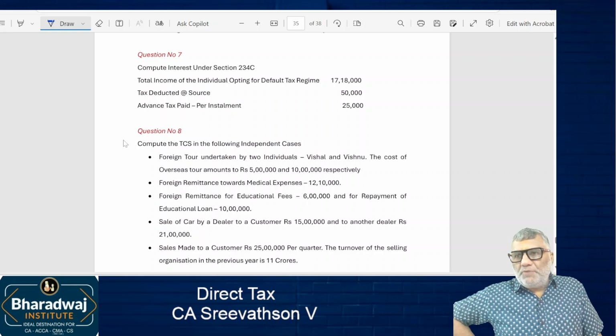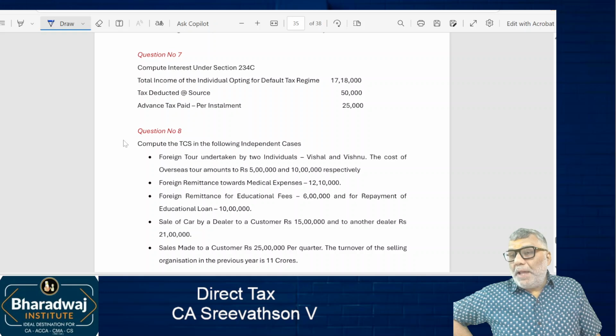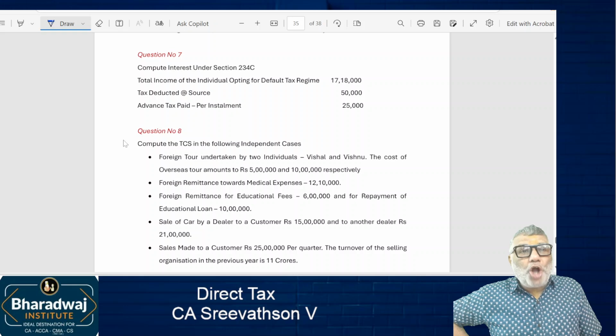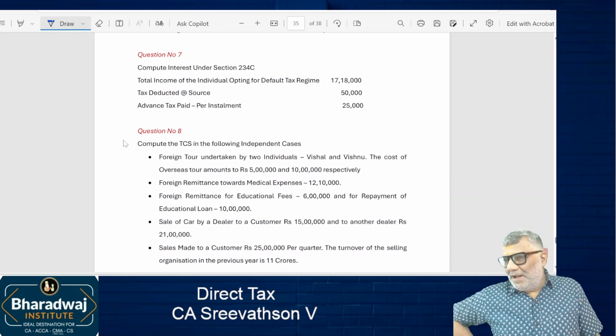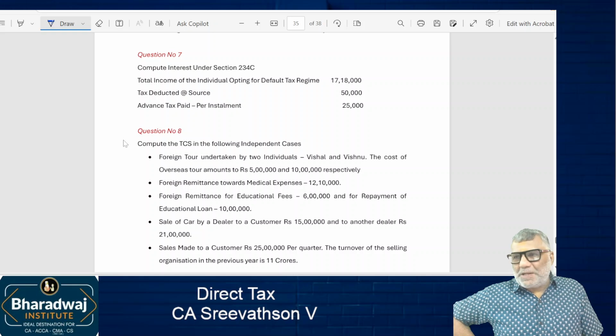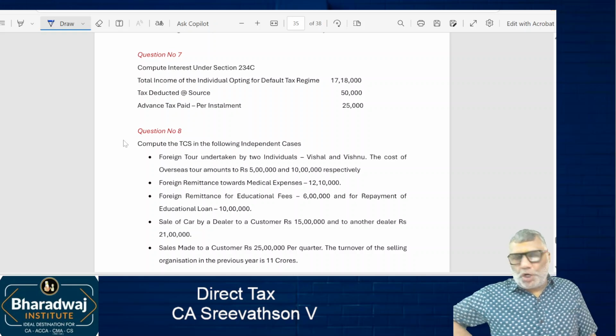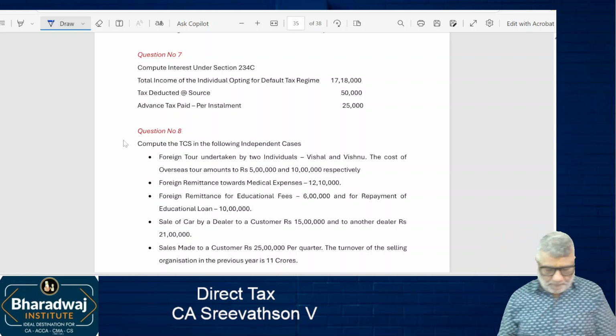What is 234C? Non-payment or short payment of installments of advance tax. And there is a tolerance factor. For the first two installments alone, if you have paid 12% and 36%, I am ready to tolerate or waive the interest.